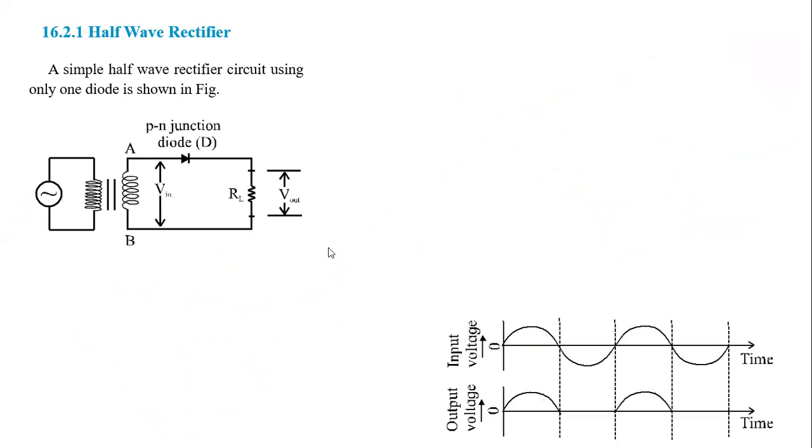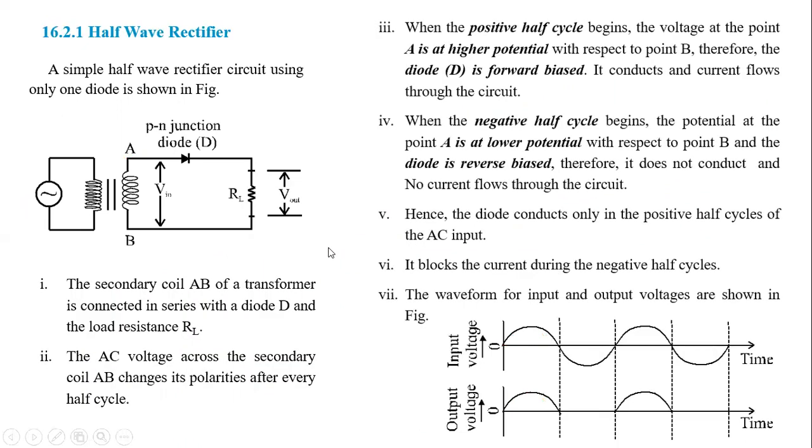Now I can display the working on the screen. You can go through the working also. In the first point it is mentioned, in the second point it is mentioned about the diagram. Then the third point is about the positive half cycle. Here A is at higher potential, so the diode is in forward bias and it conducts, and current flows through the load resistance.